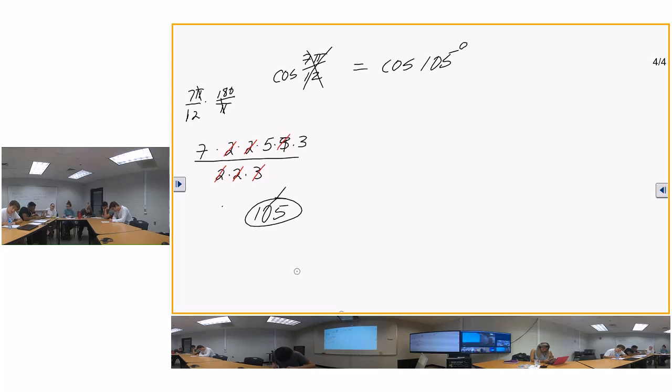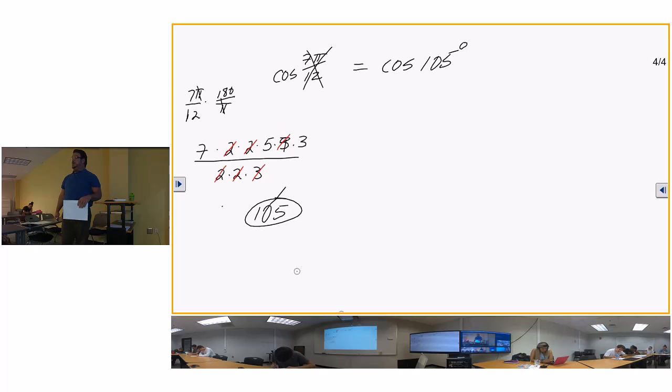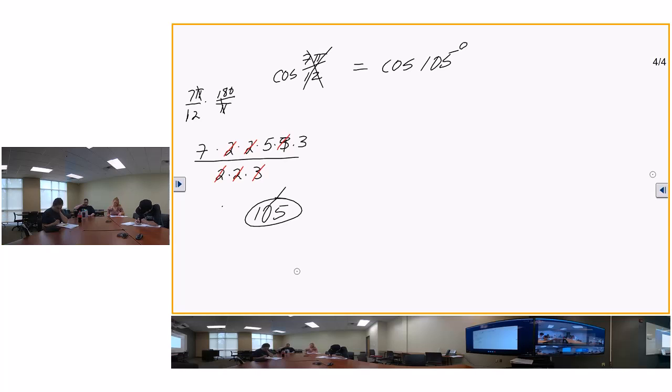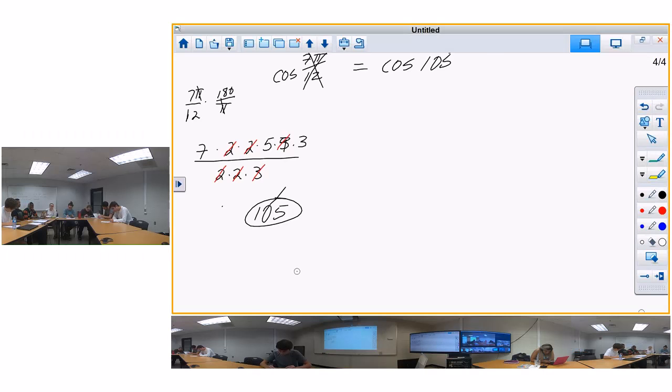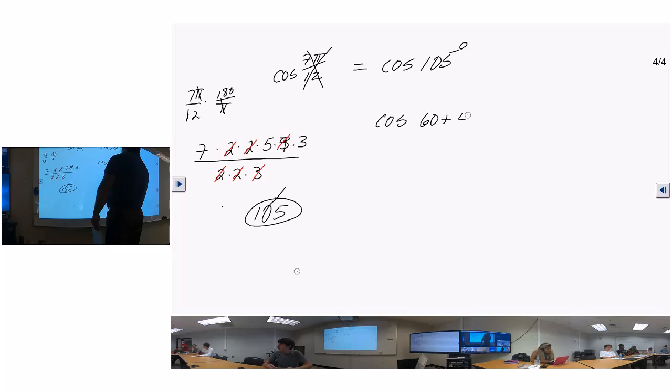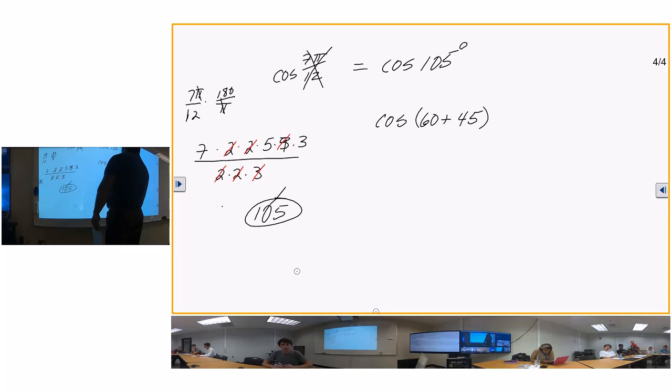We did one like this in class, I believe. I think we did 2 or 3. So as I told you, the cosine of 60 plus the cosine of what? 45.